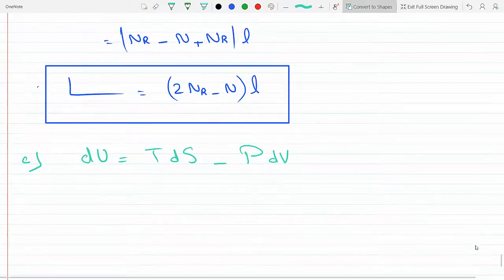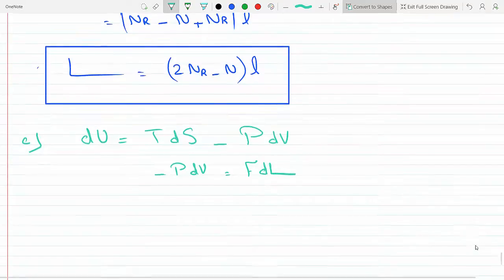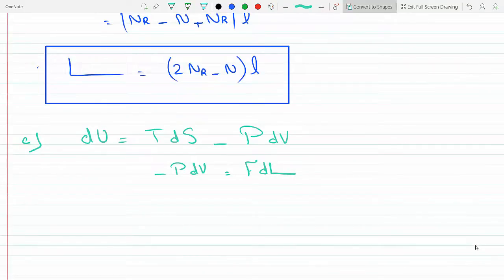In other words, my minus PdV, if we treat the force as the pressure here, will just be F dL. So we could replace that with F dL. Now the thermodynamic identity becomes TdS, dS being the change in entropy, plus F dL.